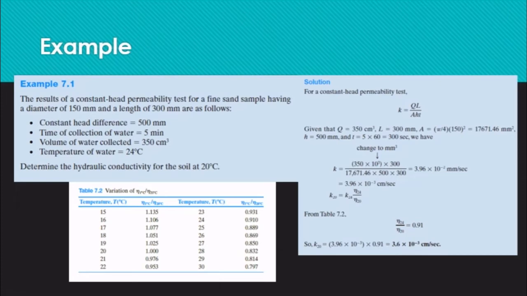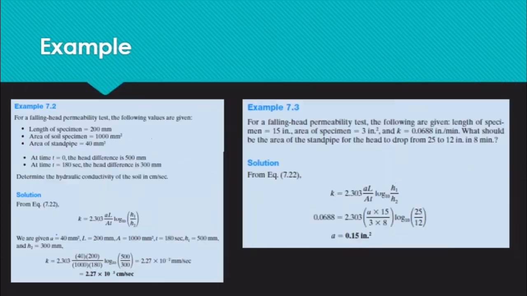That is the hydraulic conductivity. Another one, for a falling head permeability test, the following values are given. Length of specimen, 200, this is the L. Area of soil specimen, 1,000 square millimeters, this is the A. Area of standpipe, small letter a, 4 square millimeters. Time at 0, head difference is 500, and after 180 seconds, 300.